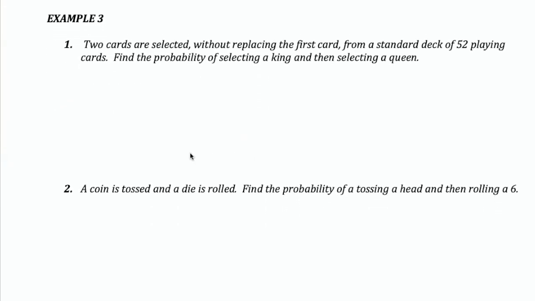Two cards are selected without replacing the first card from a standard deck of 52 playing cards. Find the probability of selecting a king and then selecting a queen. So if king is my first event and my second event is selecting a queen, first I need to decide, are those independent or dependent events?